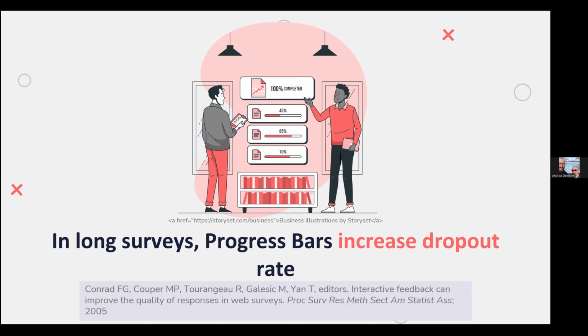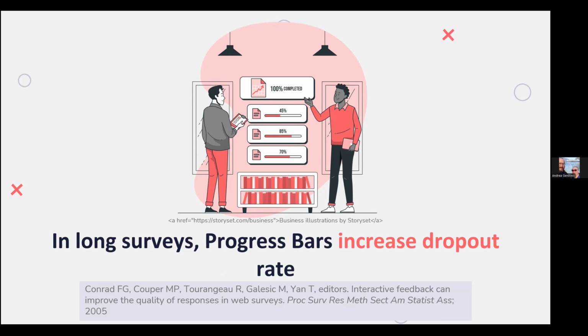You're good. Just wanted to add here, for those of you who were familiar with the PPRP assessment with agencies, because it was perceived as a longer survey, we talked to our survey method specialist, and she said the progress bar will actually increase dropout, but we still wanted it in there.